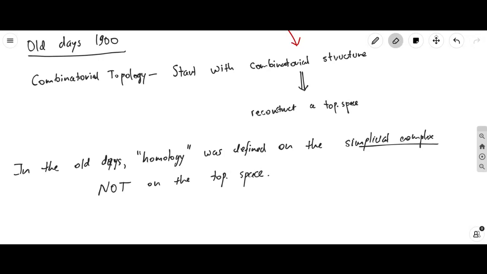So even though the combinatorial structures could be very different, in the end they become the same if you're describing the same space. So you can say that was one of the reasons for why homology was introduced. It was a topological invariant that was there to distinguish between the different simplicial complexes, so you know if you have the same space or something else.